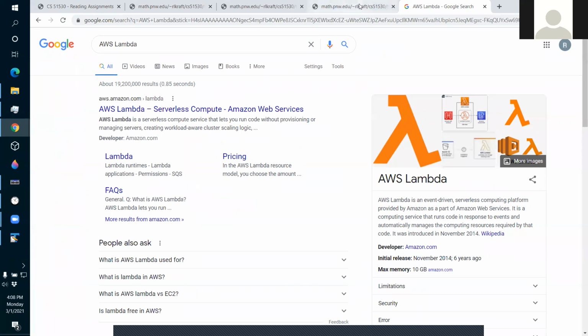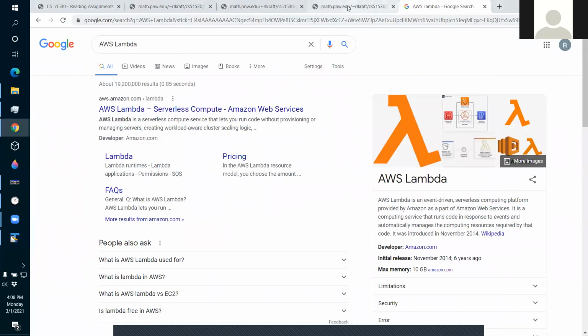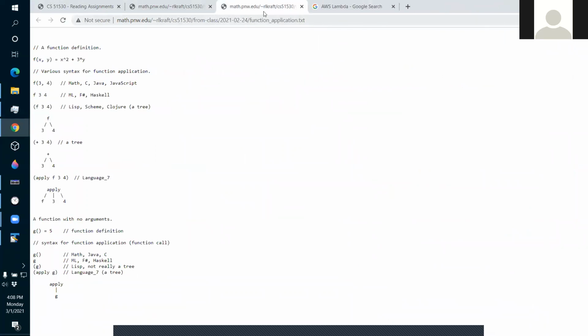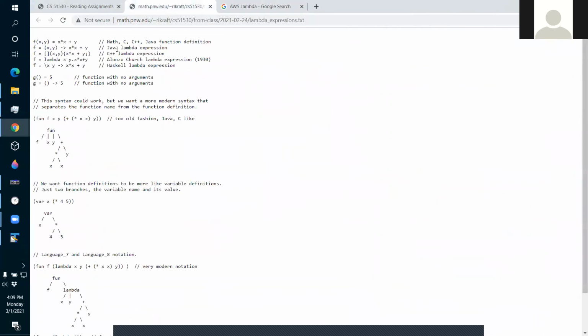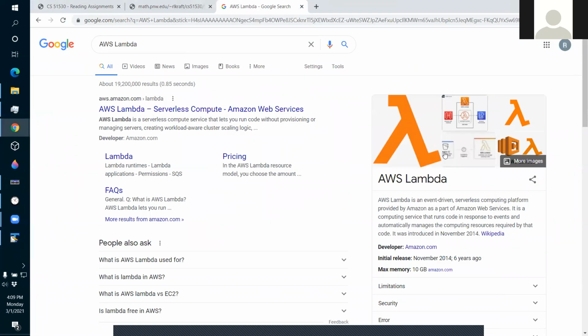It's many steps more sophisticated than this, but it starts with this idea of a lambda expression. A lambda expression is the function without a name. The function itself is the lambda expression. In AWS Lambda, they built a whole cloud platform around this idea.